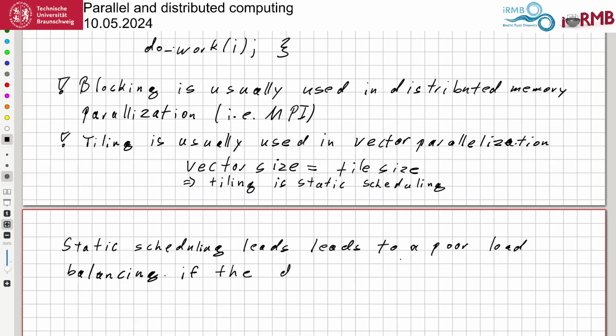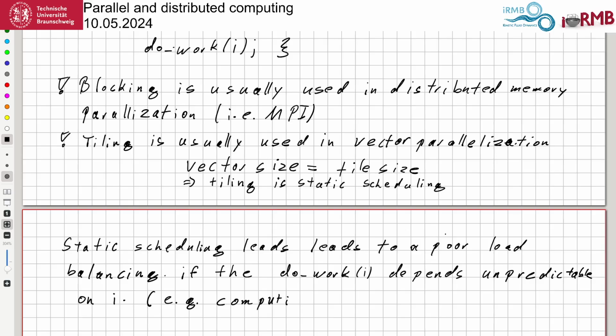If the work of I depends unpredictably on I. For example, we had computing the number of primes, which was our example in the exercise.